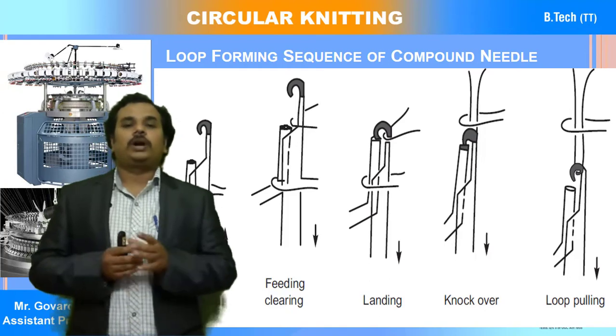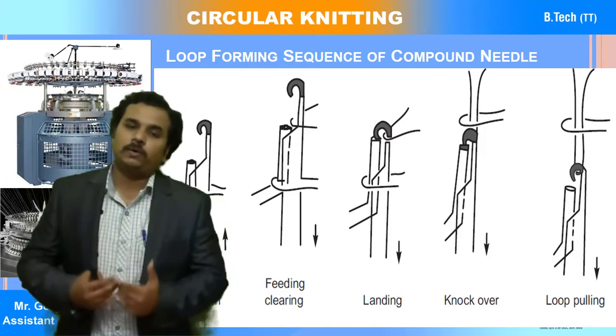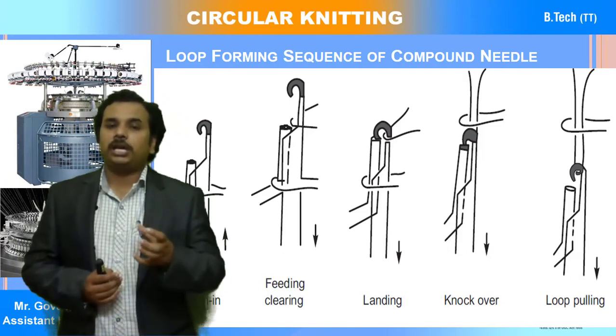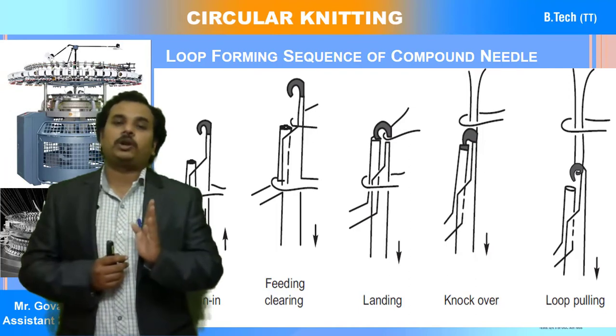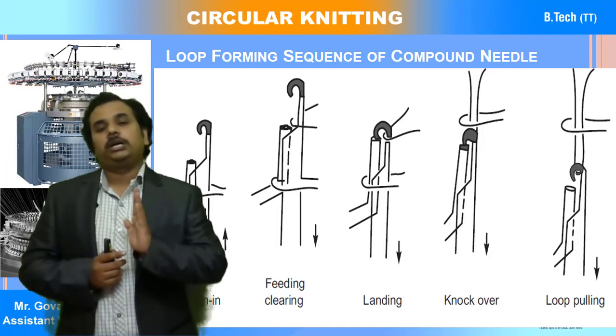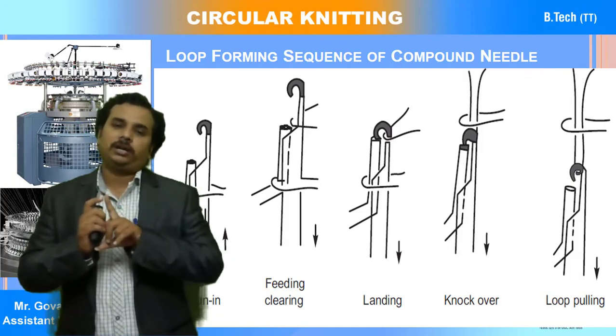Once the needle is continuously lowering down, the closing element is activated, so that the closing element or throat part of the needle closes the hook of the needle.